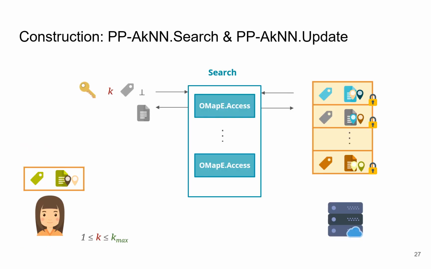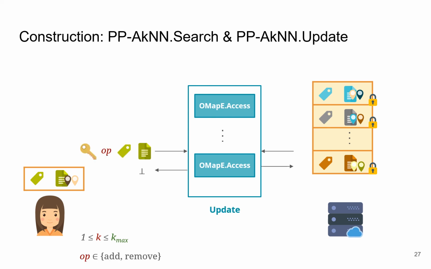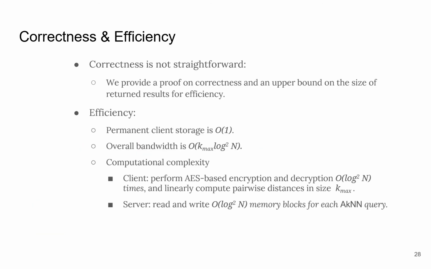The search and update algorithms of the PPA-KNN construction are built using a similar idea. For search, it will run the Omap access as a sub-protocol a fixed number of times to accomplish the AKNN search. For update, it also runs the Omap access a fixed number of times to update the underlying Omap.